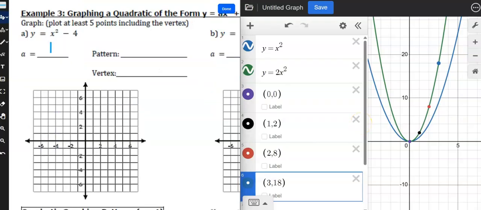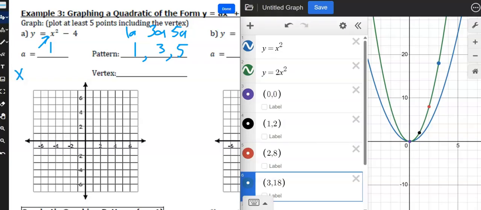Okay, so in this case, the A value is a 1. We can see that right in front of the squared term. So the pattern for 1A, 3A, 5A would obviously be just plain 1, 3, and 5. Now, the vertex.